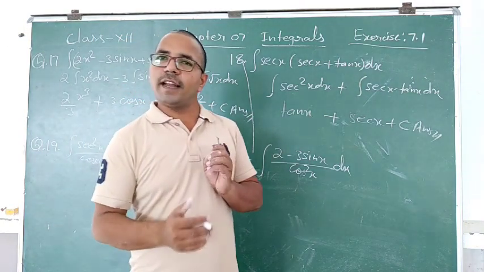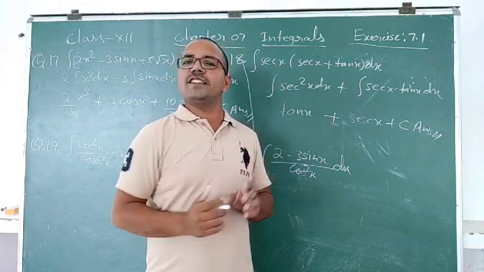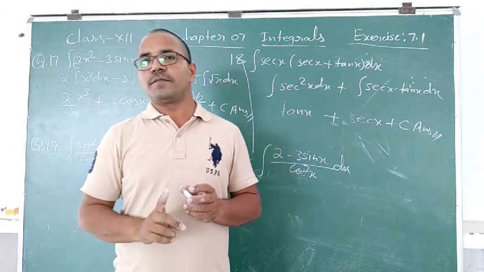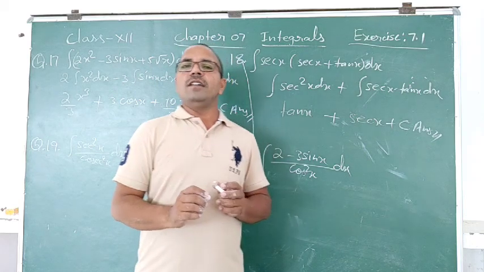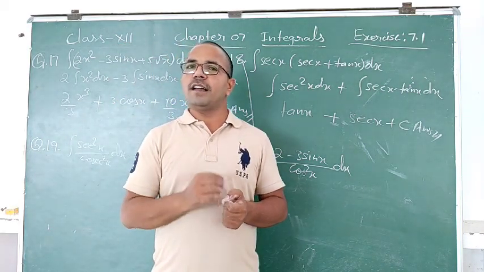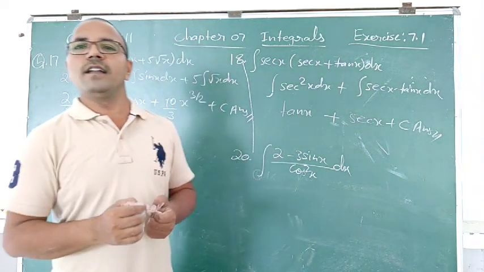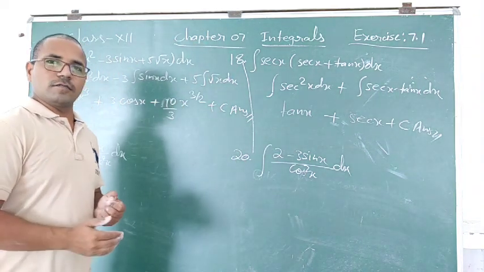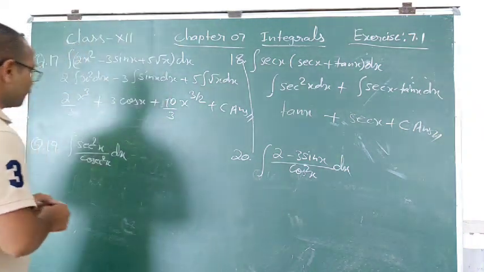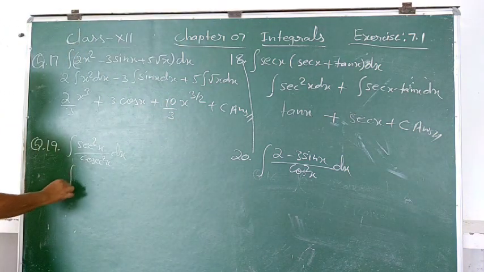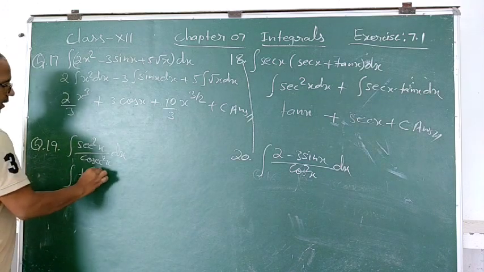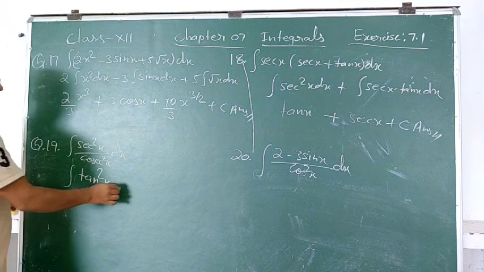Now sin square x will multiply with the first term, so you will get sin square x because the first term was 1. And the second term you get cos square x, and the third term is 1. If you multiply, you will get sin square x upon cos square x, which gives tan square x dx.